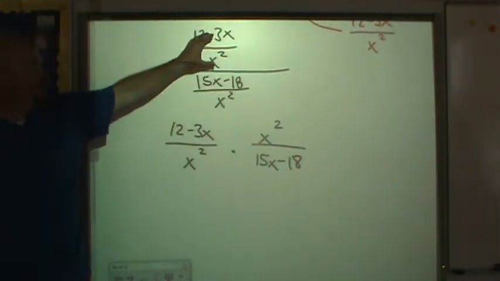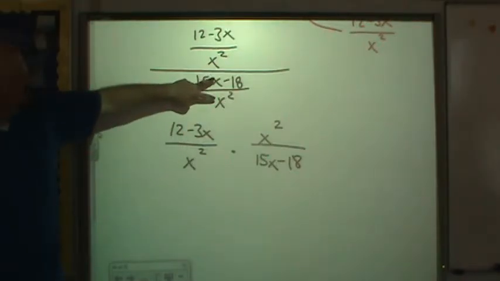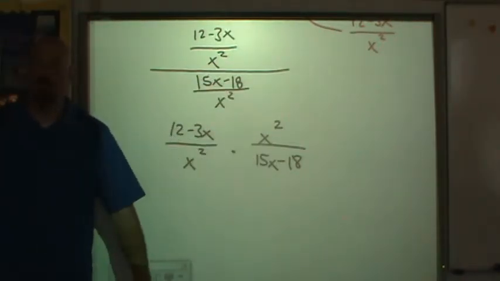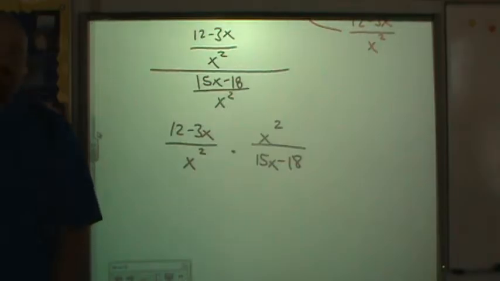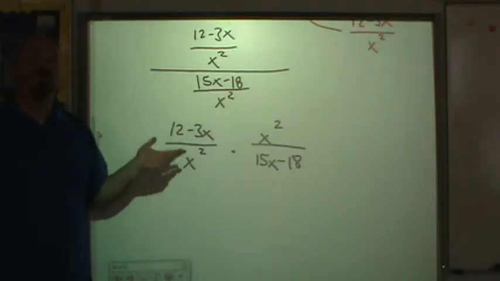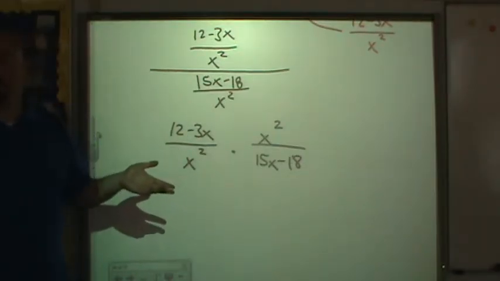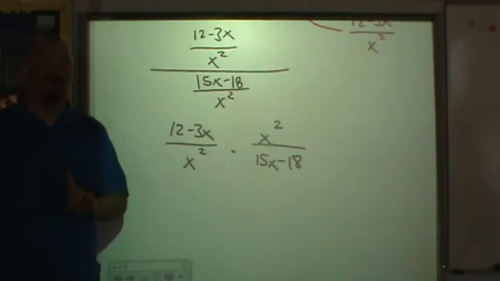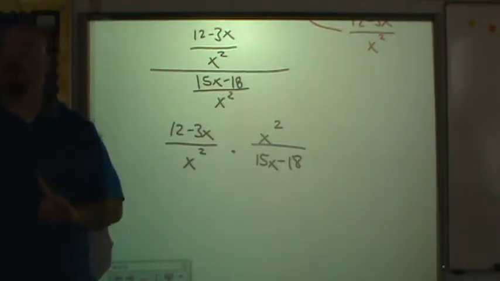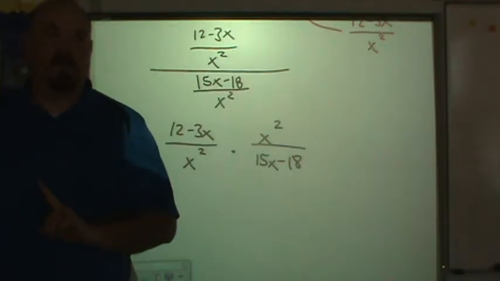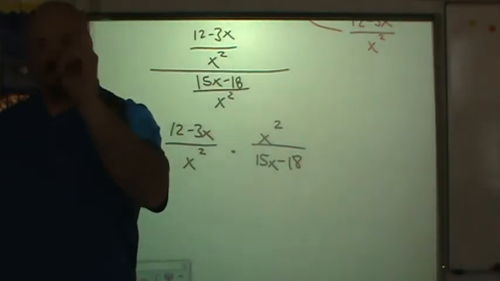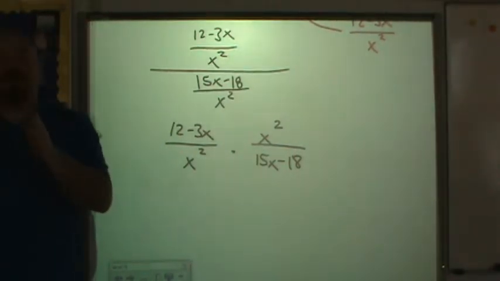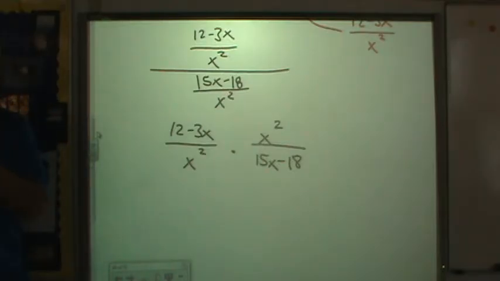So I'm taking this, I'm multiplying by that reciprocal. Now from here, this is a great question, because we have to think about our process for multiplying rational expressions. When we multiply rational expressions, the first thing we should do is factor. Factor and simplify if we can.